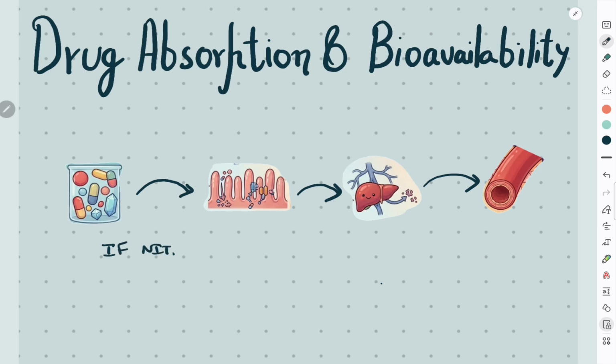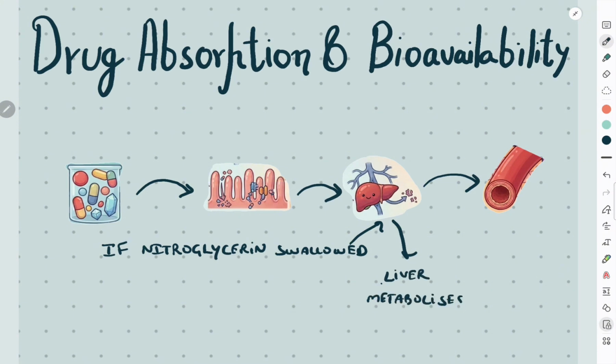This first pass metabolism is exactly why nitroglycerin cannot be swallowed to treat chest pain. The liver would destroy it completely, so it must be given sublingually under the tongue to bypass the portal vein entirely and absorb directly into the superior vena cava.